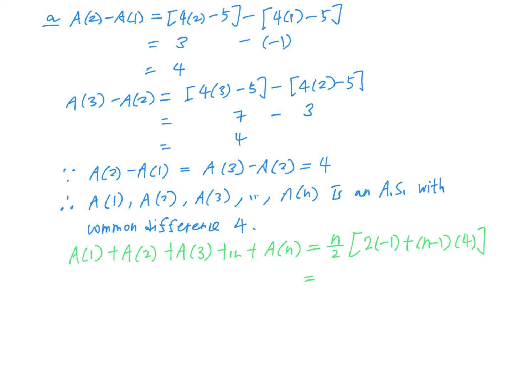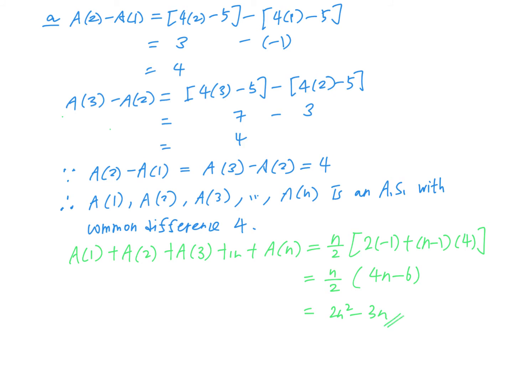And then after the simplification, maybe you can simplify a bit first. So that would be 4n minus 4 minus 2, so that would be 4n minus 6. And then 4 and 6 are divisible by 2, so that would be 2 and 3, and then multiply the n inside the bracket. And then we will get a quadratic expression. So that would be 2n squared minus 3n. And then that's for part A.